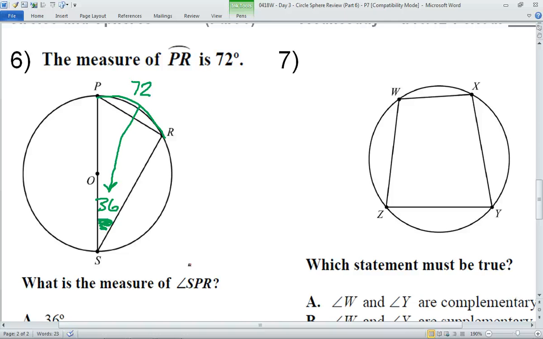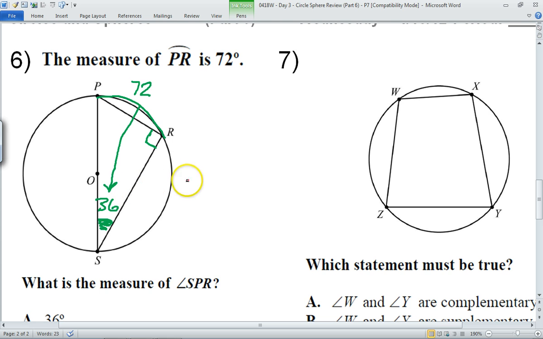It's always going to be a right triangle in a semicircle. If you think about it, it makes sense because look at the arc that it gets. The arc from P to S, that's a semicircle, 180 degrees. It makes sense that this angle would be half the arc, just like always. So that's 90. We needed to know that.